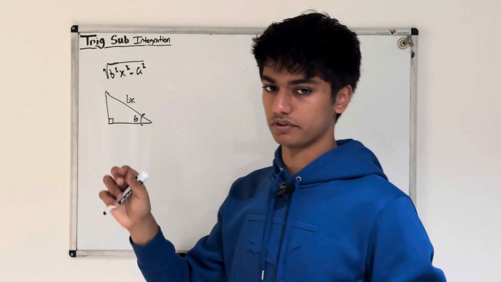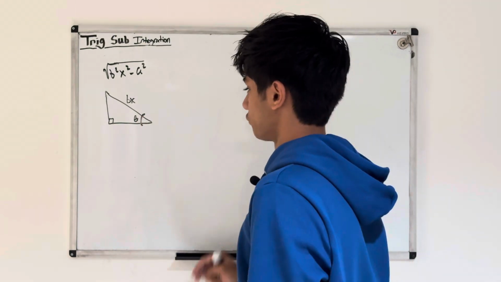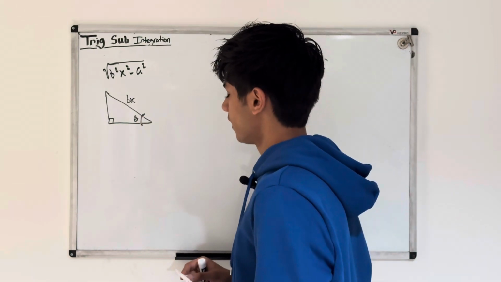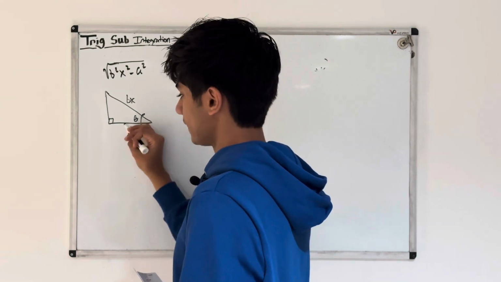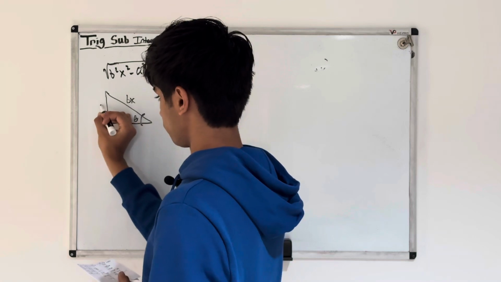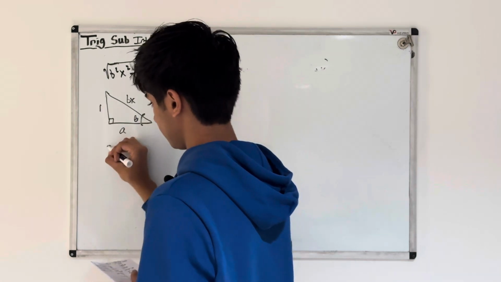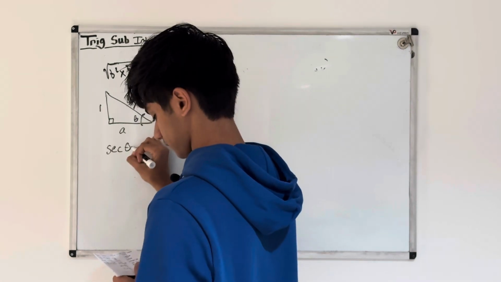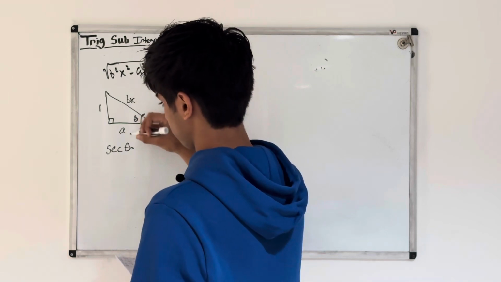Again, we want it in terms of sine, secant, or tangent. In this case, if we put our a here, we can say that secant theta is equal to bx over a.